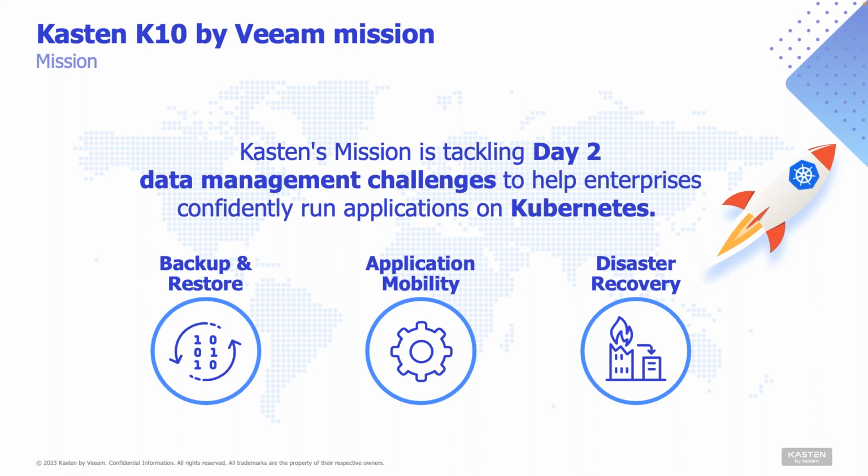K10 has this ability because the software that we use is not tied into the storage layer that holds our data. We actually do quite the opposite, so that we can help you move the data freely between all these different platforms without being tied to different storage layers or storage technology.